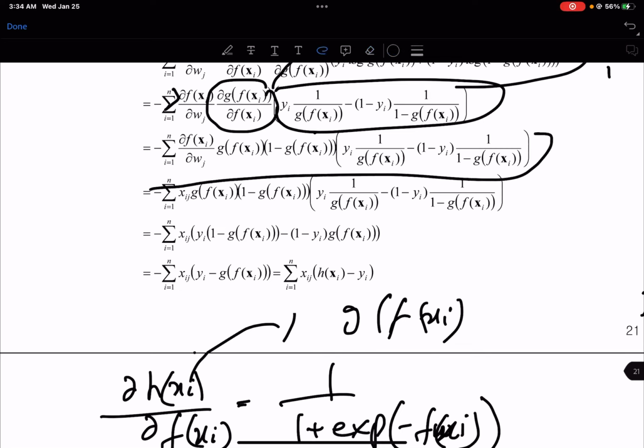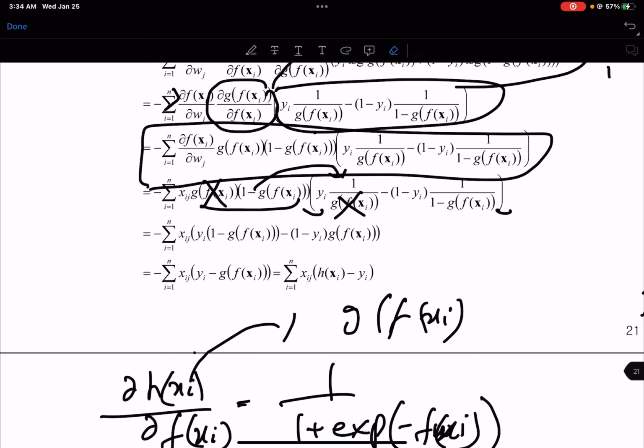Okay. Now we have all these three partial values, and next what we are going to do is open these square brackets, multiply this term with this term, and this term is removed, right?